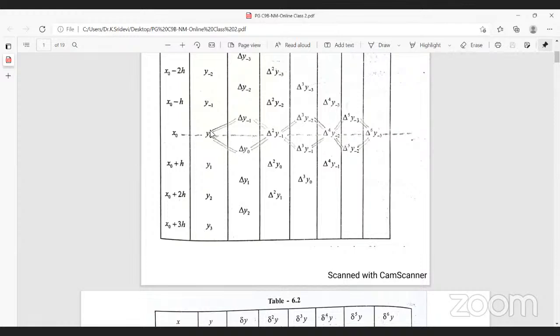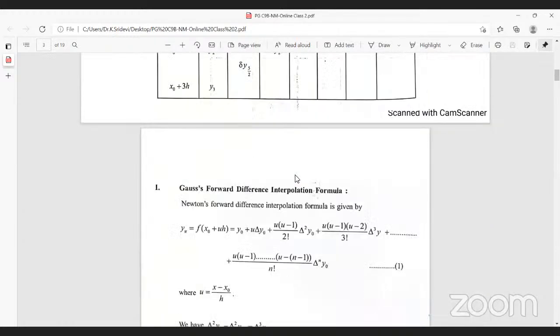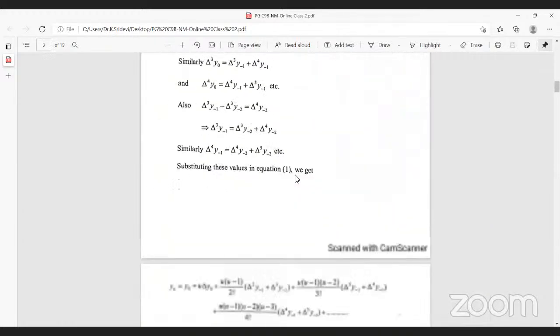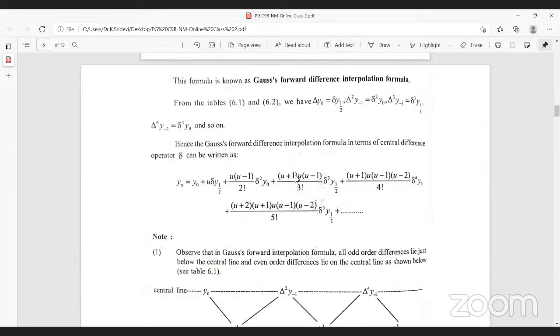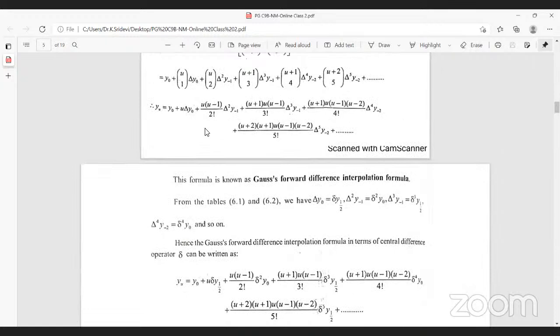So these entries are on the central line, and these entries are below the central line. Our formula involves these forward differences, so this is known as Gauss's forward difference interpolation formula, in terms of forward differences.